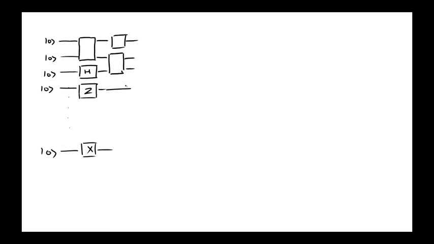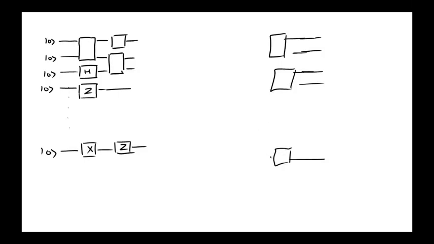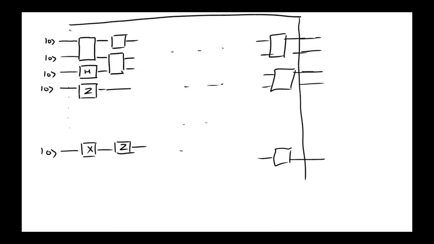Maybe this one just goes right through. Perhaps there's another gate here, etc. So a quantum circuit consists of these n wires that just go through from left to right all the way to the end, and then maybe there are other gates back here. This whole thing is called a quantum circuit.